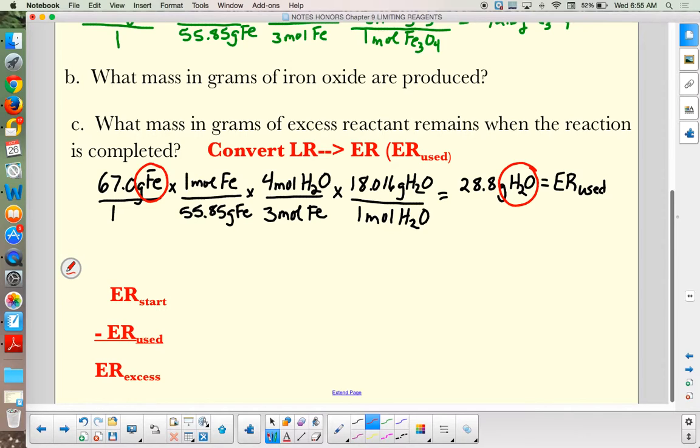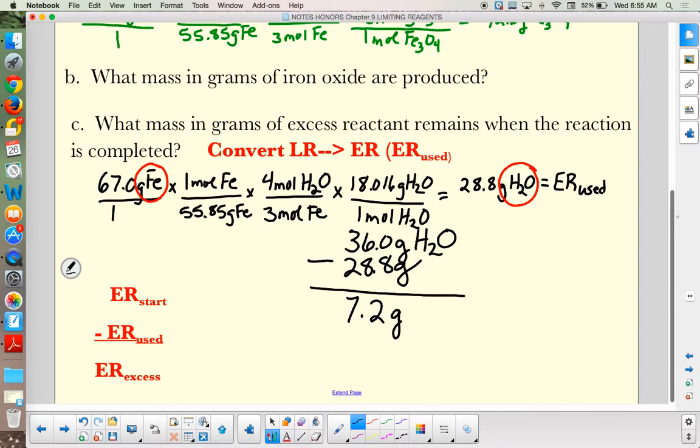So the last step is to look at the question itself, and the question says we're starting with 36 grams of water, and you can see that we're only going to use 28.8 grams. So we can subtract this, and then we can see that we have 7.2 grams of water left over. And that's how you do a limiting reagent problem.